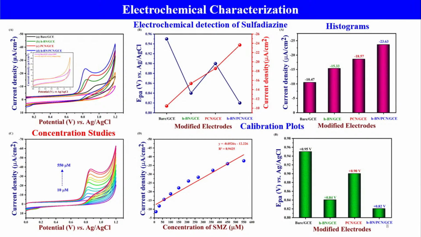The composite shows the lowest overpotential, around 0.8 volt, and the current is very high compared to the other electrodes. The histogram also shows the current is minus 23.63 microampere, which shows the better catalytic activity of the modified GC electrode.